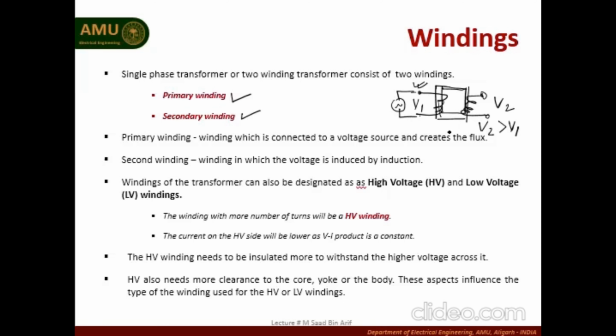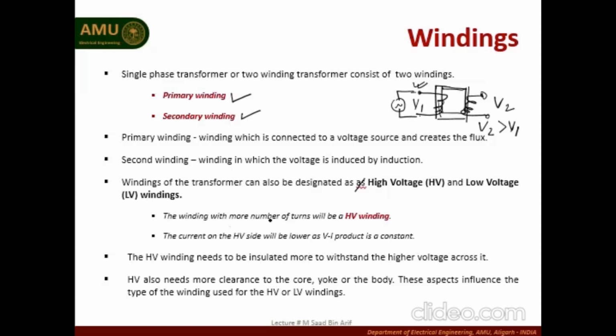Hence it is more appropriate to designate the winding as a high voltage winding or a low voltage winding instead of primary winding and secondary winding. So a winding of a transformer can also be designated as a high voltage winding and a low voltage winding.